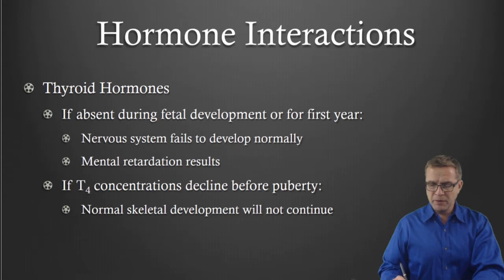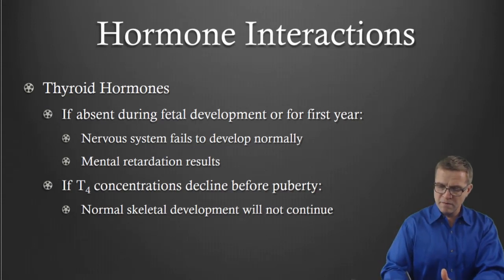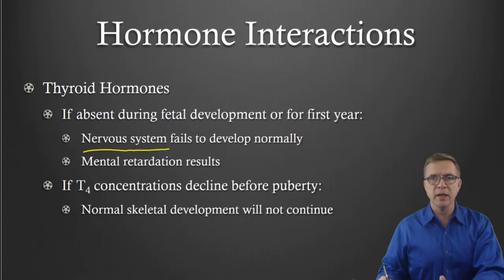All right, what about thyroid? We already mentioned, if you recall, if it's absent during fetal development or for the first year, you have major nervous system retardation. It's not going to develop normally. So that's really important for early nervous system development.